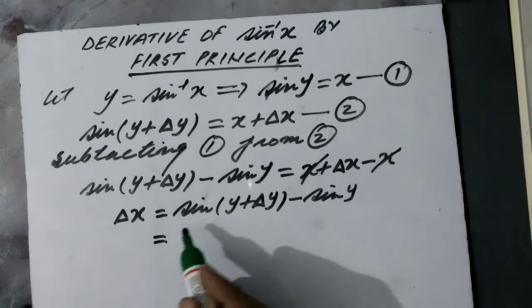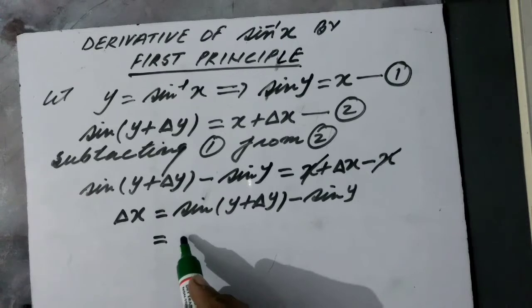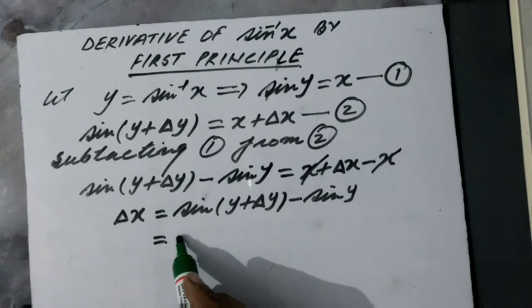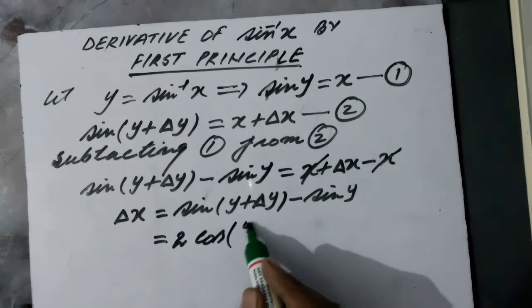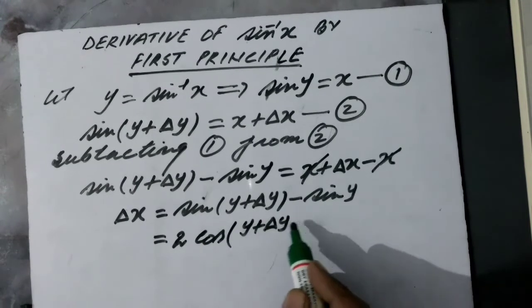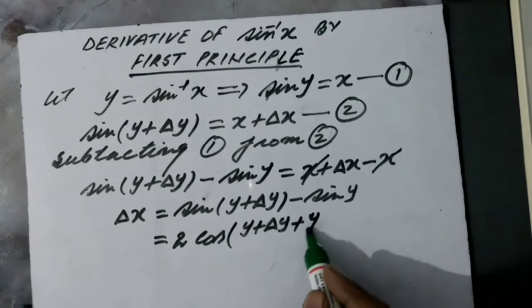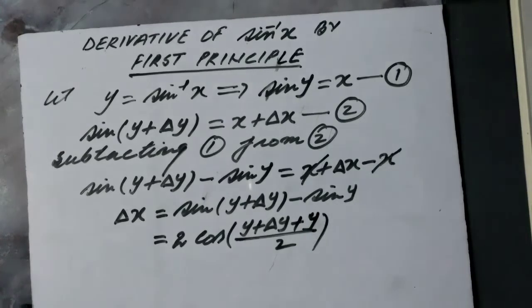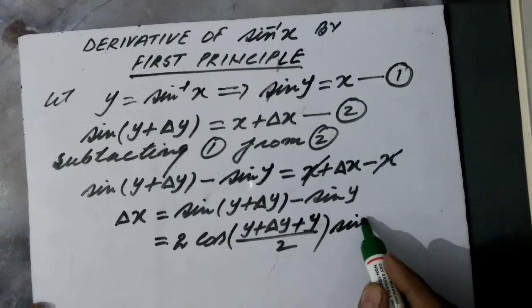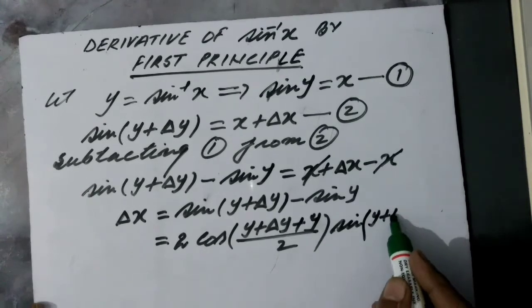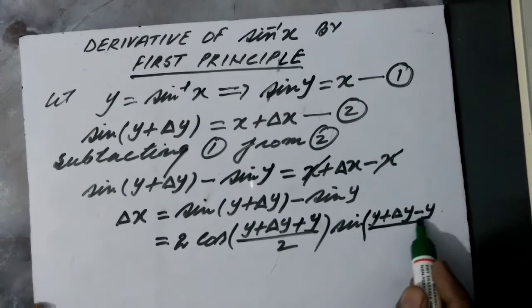Now applying the formula sine c minus sine d, which is equal to 2 cos of c plus d upon 2 into sine of c minus d upon 2, we may write it as 2 cos of y plus delta y plus y upon 2 into sine of y plus delta y minus y upon 2.